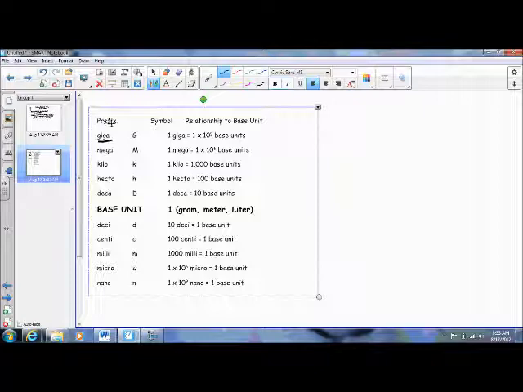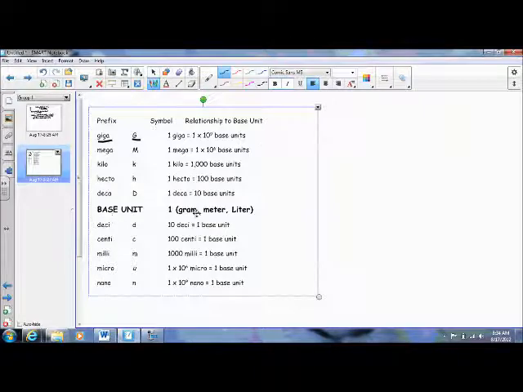The first column here is the name of the prefix. The second column would be the letter for the prefix. And the third column here tells you the relationship between the prefix along with a base unit and how many base units that would be worth.